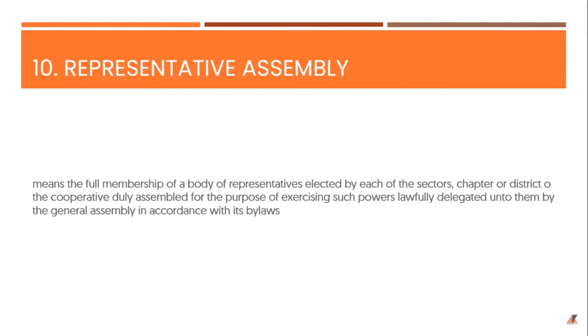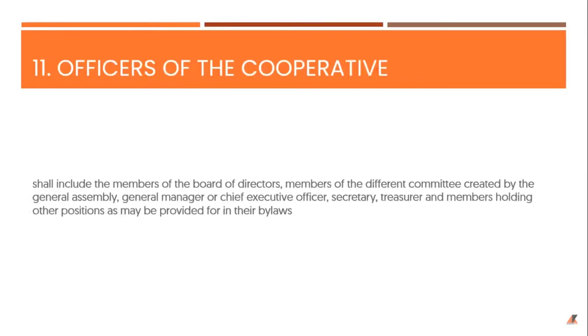So it means the full membership of a body of representatives, elected by each of the sectors, chapters, or district of the cooperative duly assigned or assembled for the purpose of exercising such powers lawfully delegated unto them by the General Assembly in accordance with its bylaws.